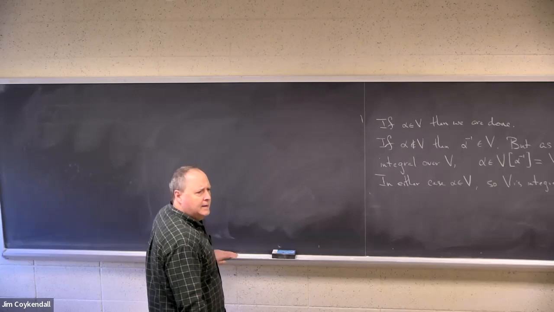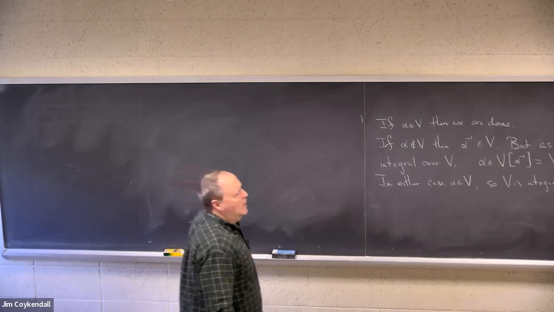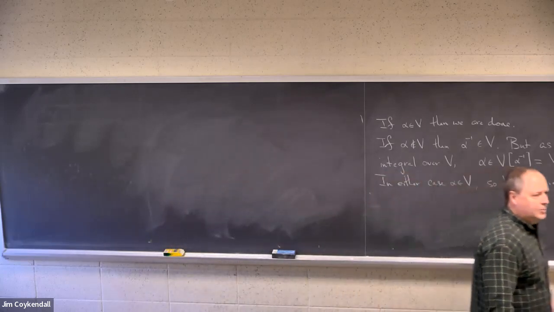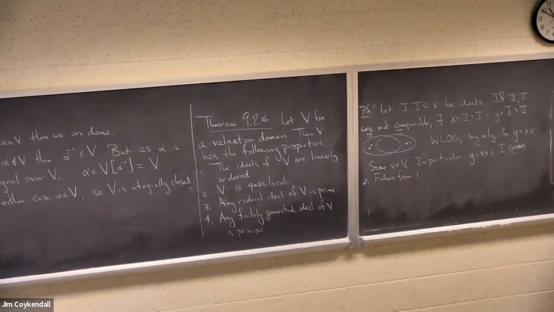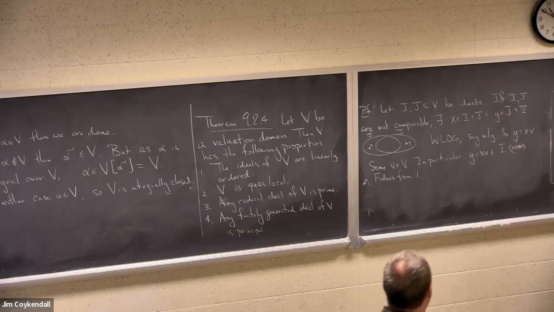Does anybody know why B has only one radical ideal? Does anybody remember from last semester how we characterized radical ideals? Radical characterization.